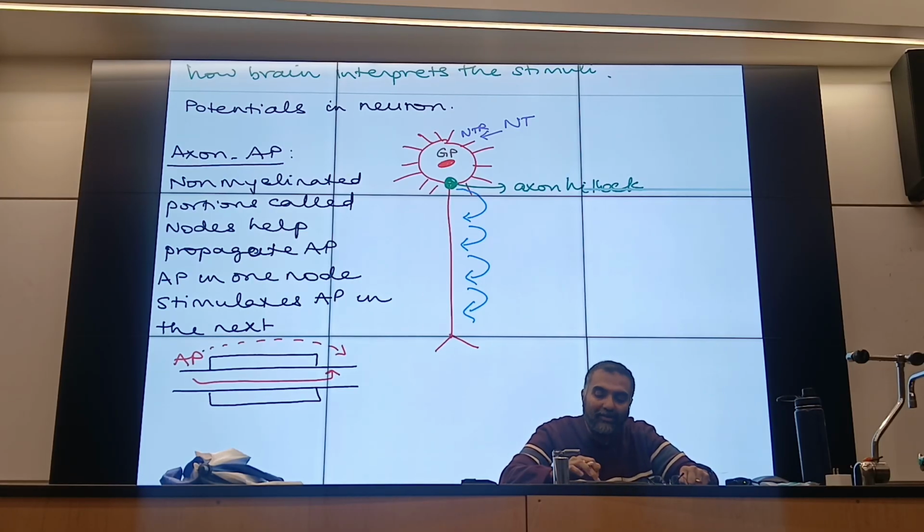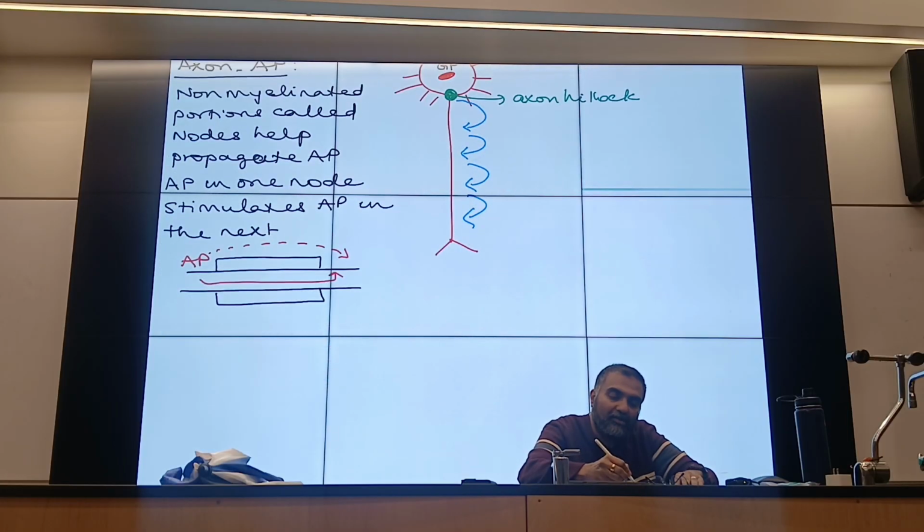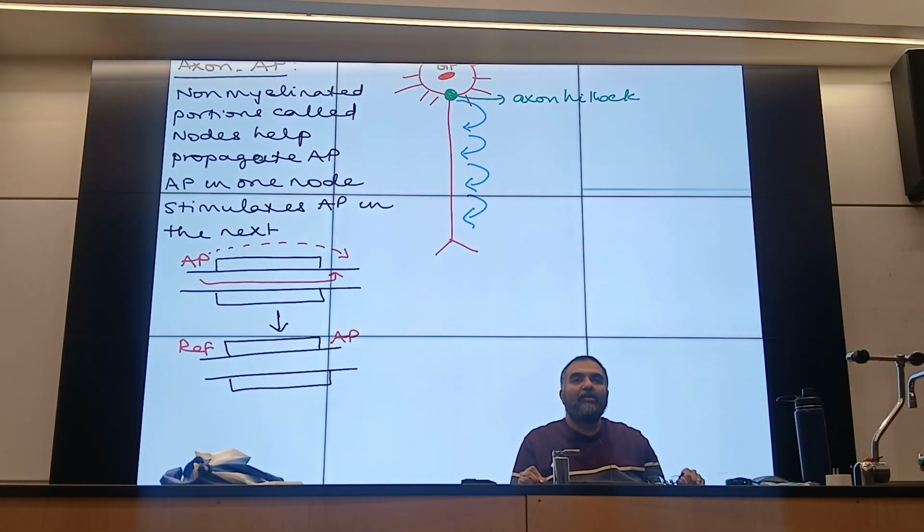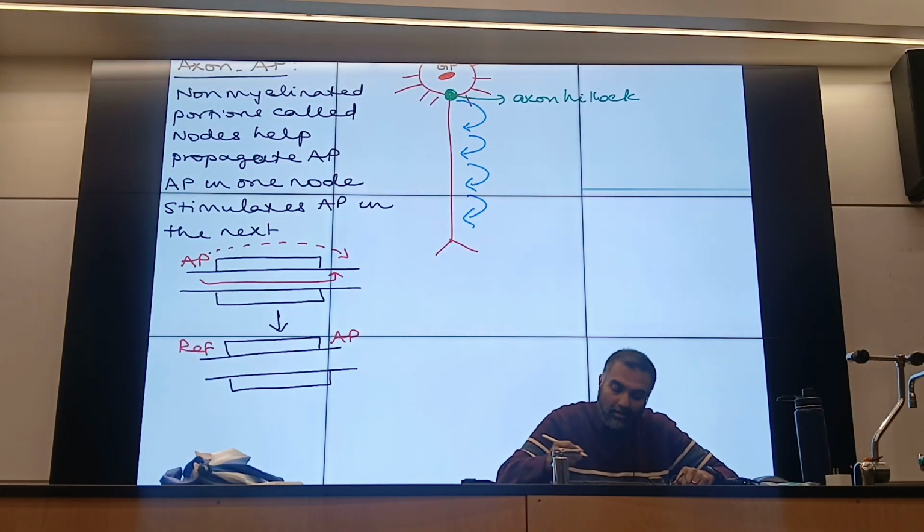What's happening in the previous node, once this has happened, and again you have the myelin sheath here? You've got the action potential here. Remember that this is refractory, so the signal cannot jump back. In other words, this cannot happen.